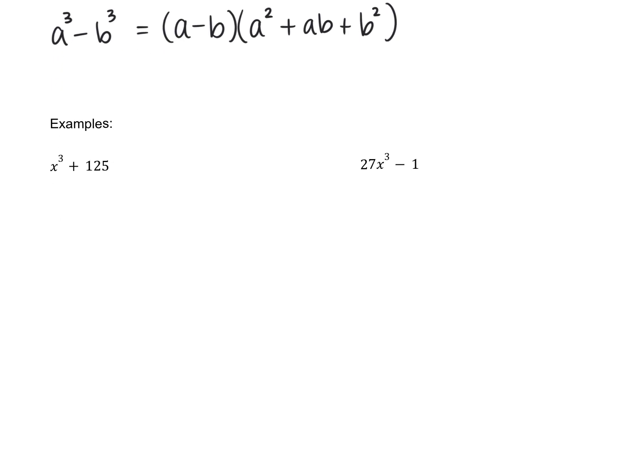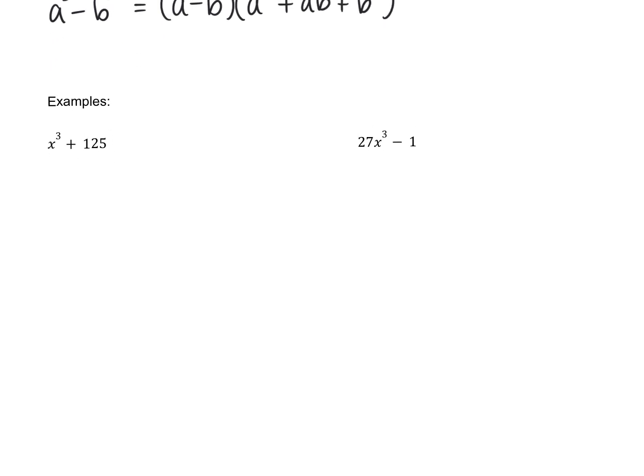Right, so let's look at a couple examples. So first one I have is x cubed plus 125. So x cubed is x times x times x. 125. If I want to find the number that multiplies by itself 3 times to get 125, I'm not going to do 125 divided by 3.